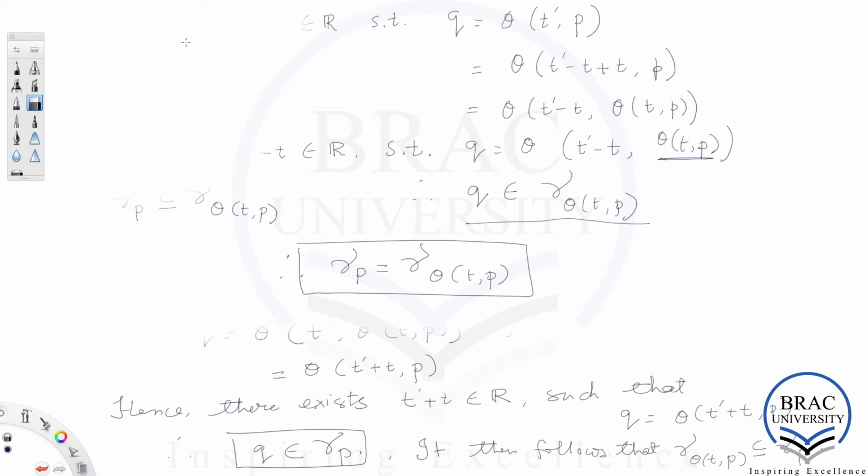So recall that in equation number 9 we showed that theta(T, Q) belongs to the omega limit set of the orbit of theta(t, p). This is what we proved in equation number 9.